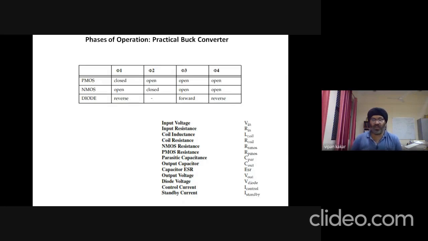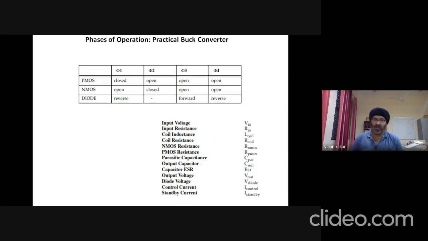In phase 2, PMOS turns off, NMOS turns on. The diode does not get any involvement in it. In phase 3, the PMOS is still off, and now NMOS also goes off. And now this freewheeling diode takes over.